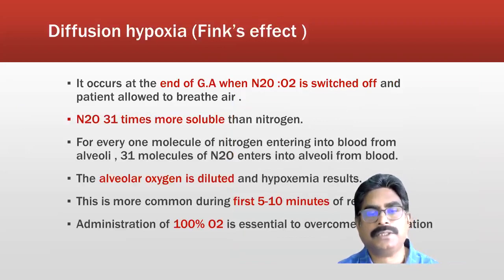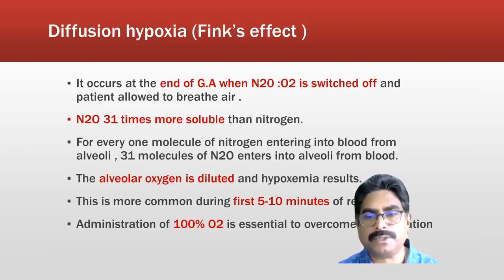Diffusion hypoxia occurs at the time of extubation. Throughout the general anesthesia, we are using nitrous oxide and oxygen, 50% and 50%. But at the end of the surgery, if you expose the patient to air, nitrous oxide is 31 times more soluble than nitrogen. So for every one molecule of nitrogen entering the blood from the alveoli, 31 molecules of nitrous oxide enter the alveoli from the blood.